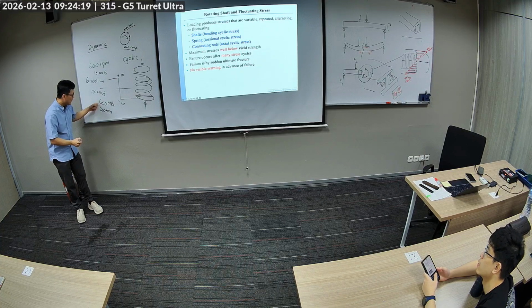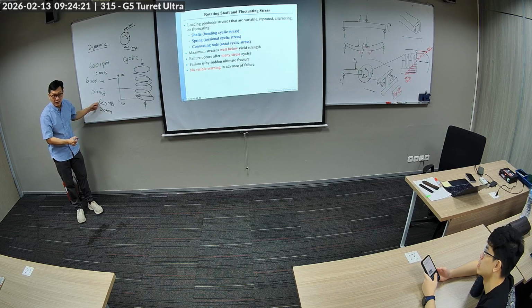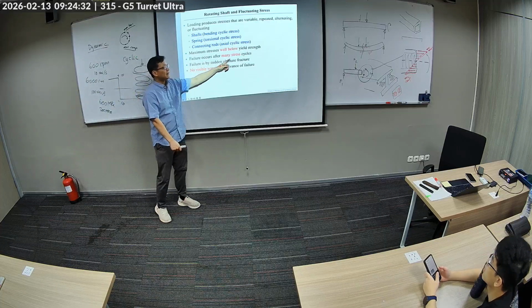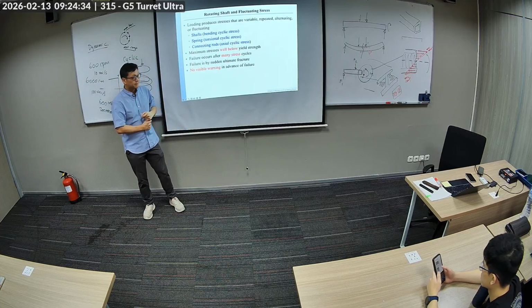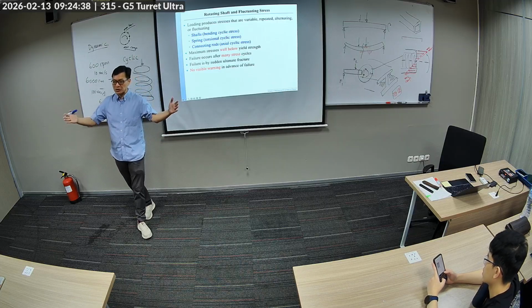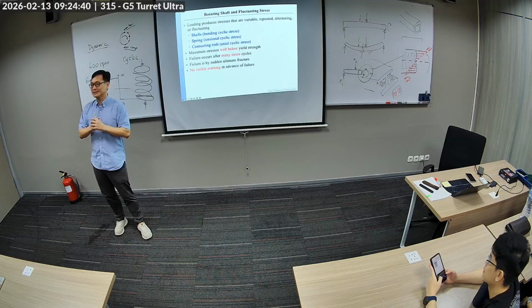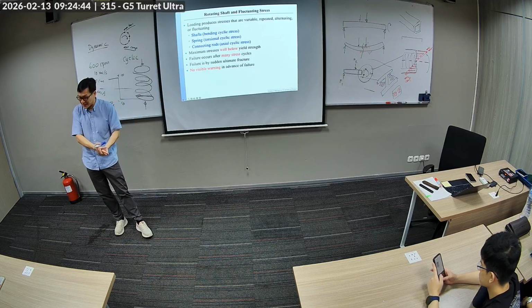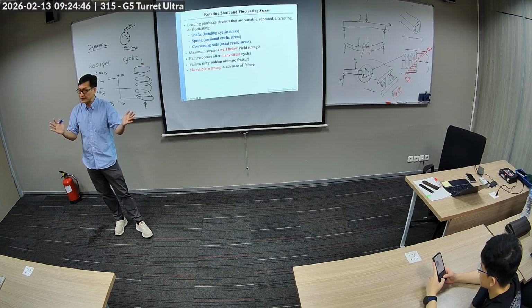So you don't have to get to the yield strength in order to deform the material permanently. You can actually fail the shaft well below that. And this occurs after many stress cycles. So we're talking about thousands, tens of thousands, or even a million cycles. So we're not talking about something that breaks immediately. It breaks over a lifetime.